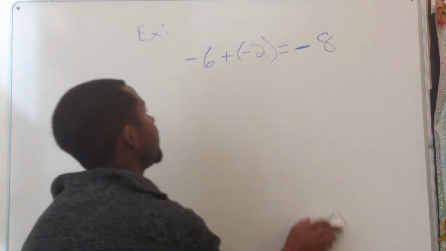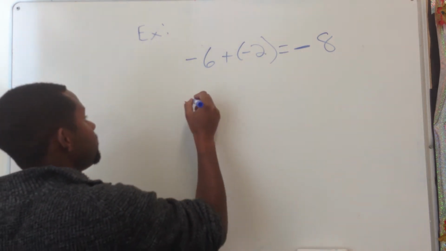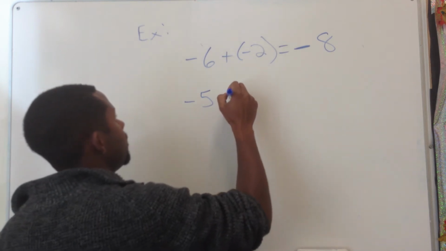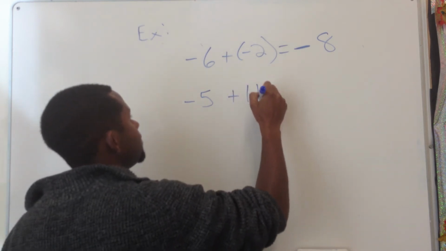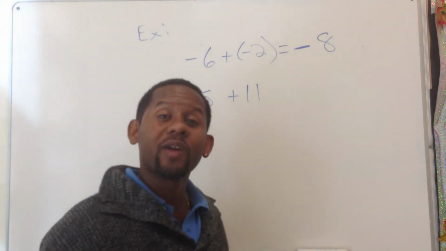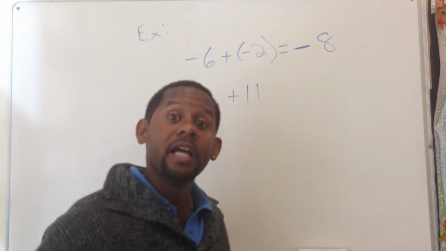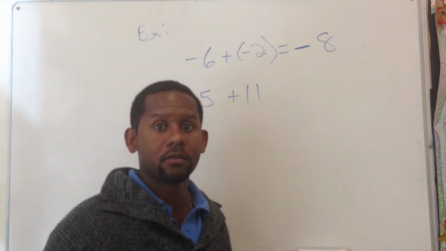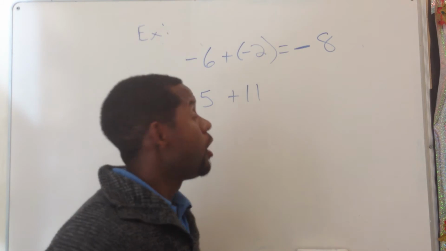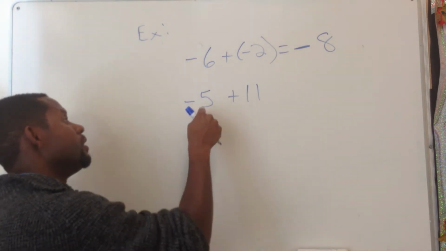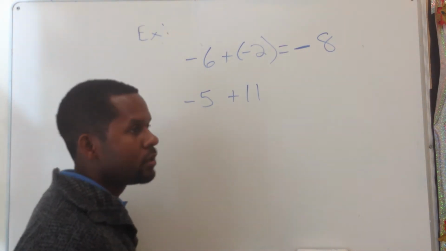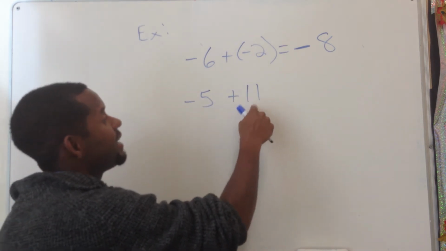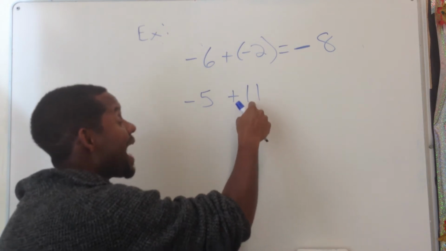Okay? Let's look at this next one. -5 plus 11. Pause it right here and think it out in terms of money. Say, I have blah, blah, blah, I owe blah, blah, blah. Think about that right now. Okay, hopefully you just thought about it. So, I owed Stephanie $5. But then I had $11 in my pocket.